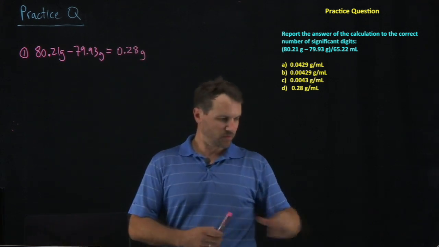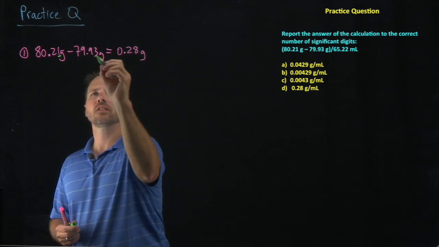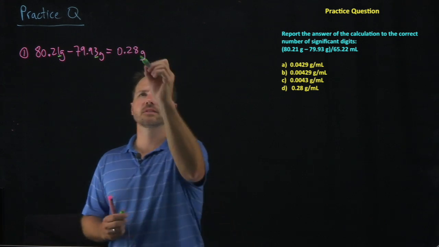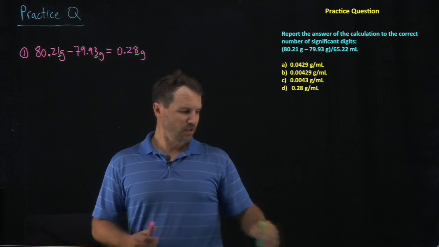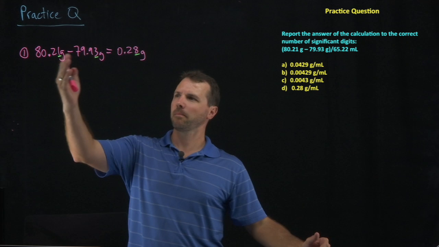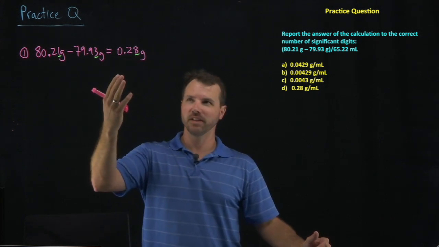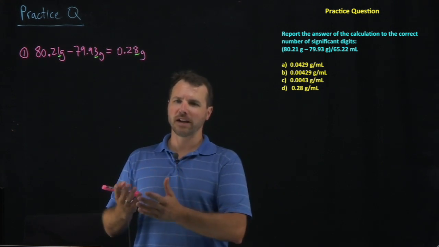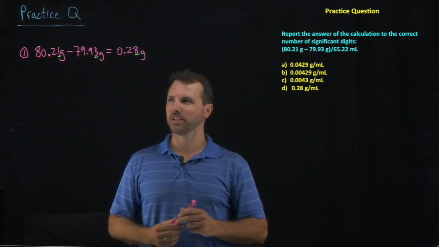And since we have hundredths place in both of those measurements, we want to end up with the hundredths place in that answer. So notice that even though we have 4 sig figs in those two measurements, we only end up with 2 sig figs in that final answer. So again, because you're subtracting or adding, it's based on the decimal places, not the total sig figs.